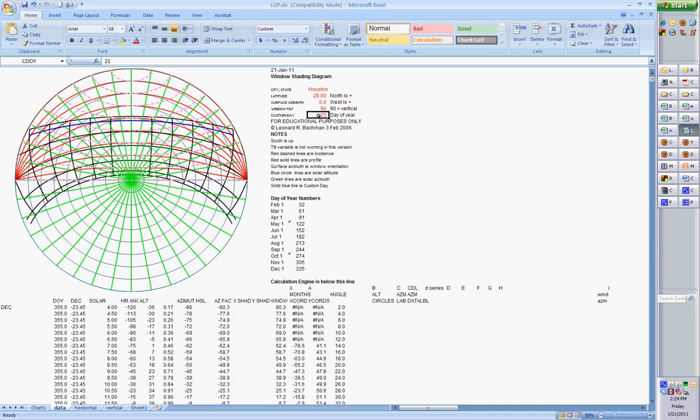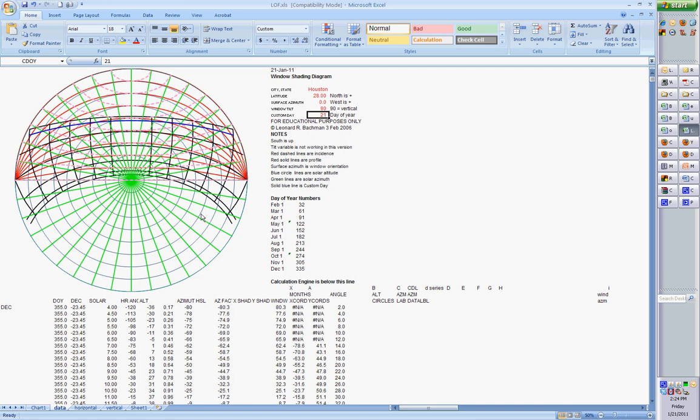So these radial lines here indicate solar azimuth angles, and these dark gray circles indicate degrees of altitude from 0 to 10, 20, 30, 40, 50, 60, 70, 80, and 90 would be directly overhead, the single dot.